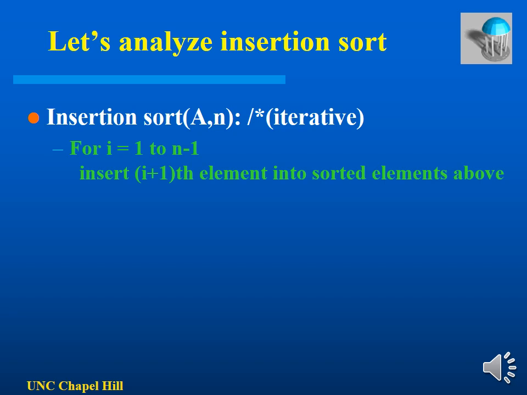And if the comparison results in the i plus 1th element's key being less than that of the ith, we want to put the ith down into the i plus 1th position and move the element we're presently inserting into the ith position.